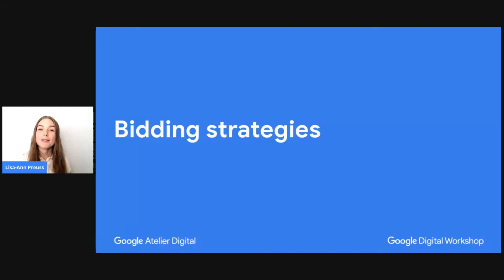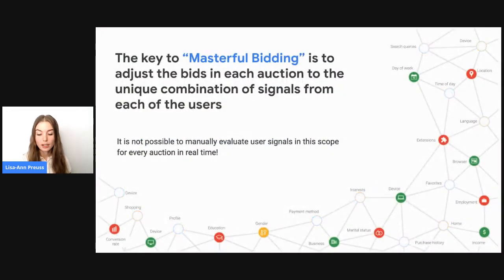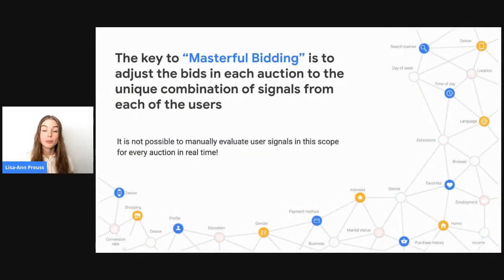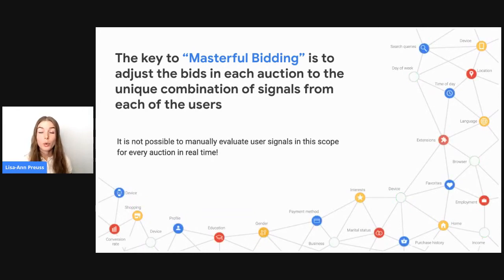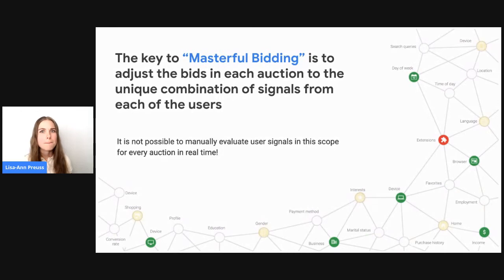And now let's have a look at the bidding strategies. Now, of course, it's important to note here that users' behavior has become extremely complex. We're no longer only on one device or on one platform, we're on many different platforms across several devices every single day.